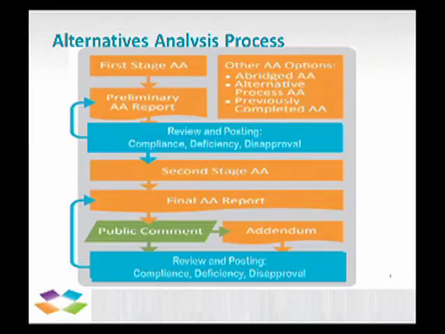So the responsible entities will be doing an addendum on their final AA report based on these public comments, which were reviewed by DTSC. So again, this webinar will focus on the first stage AA process.